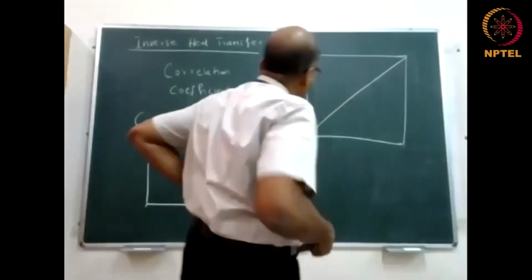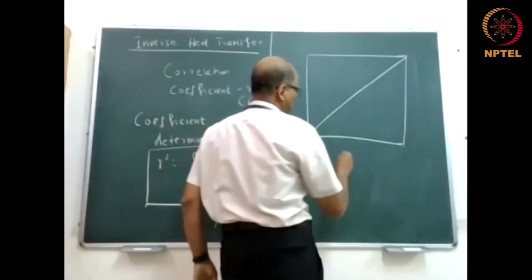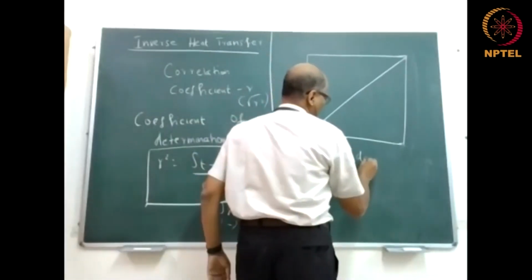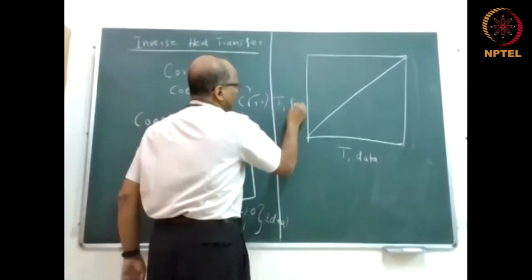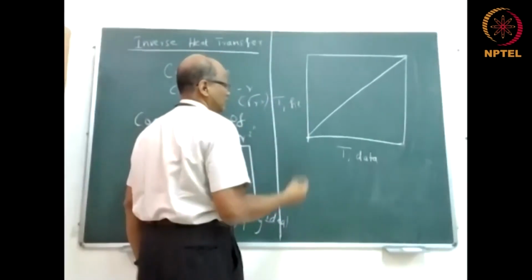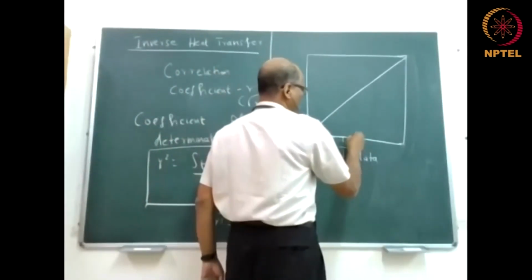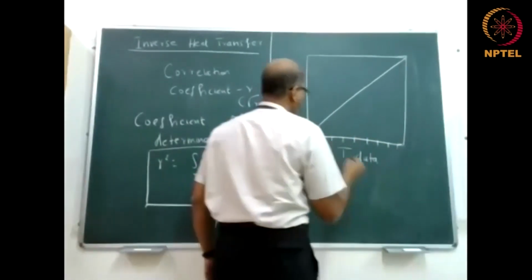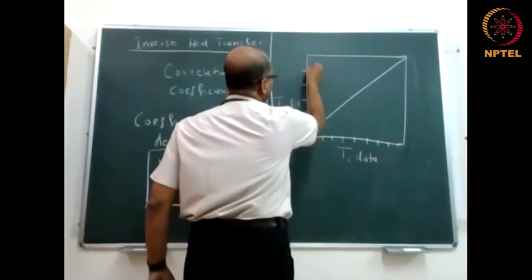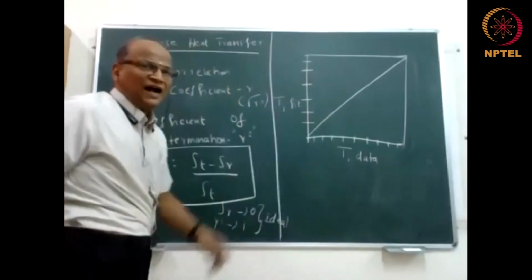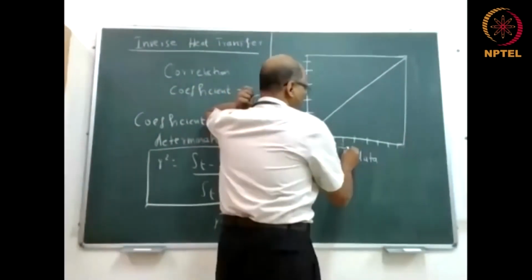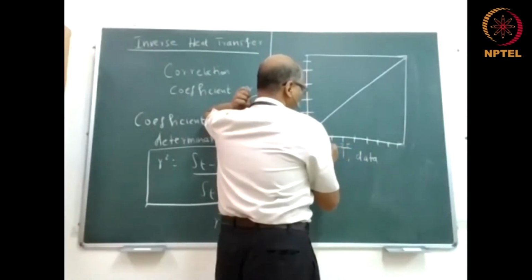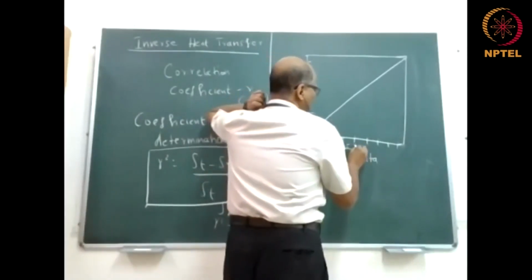After you finish the correlation, let's say, so this is 25, 20, 15, 10, some example.